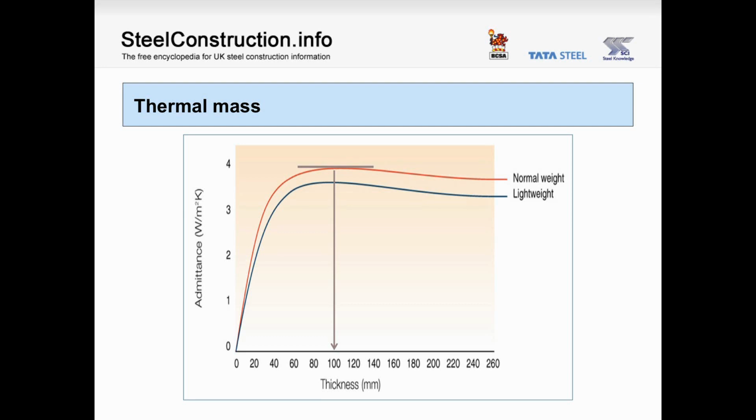Interestingly, adding extra mass by increasing the depth of the slab will have a slightly negative impact in terms of performance, but also negative impacts in terms of resource efficiency, increasing the weight of the structure, requiring larger foundations, but have no benefit at all in terms of performance.